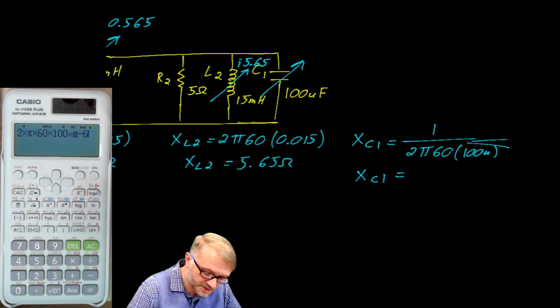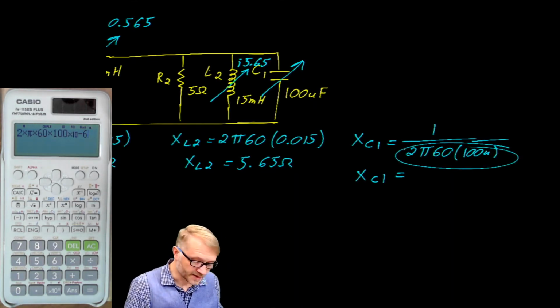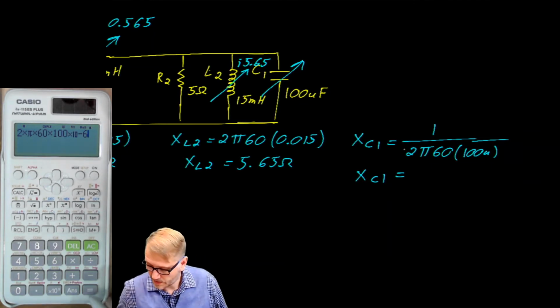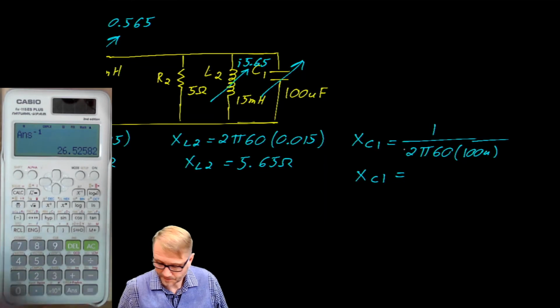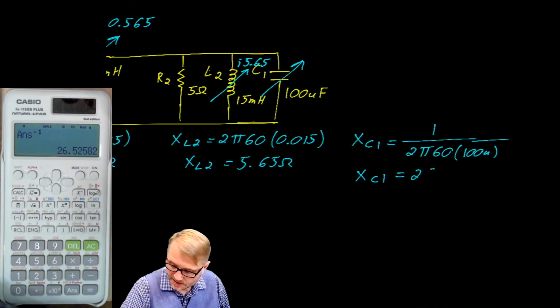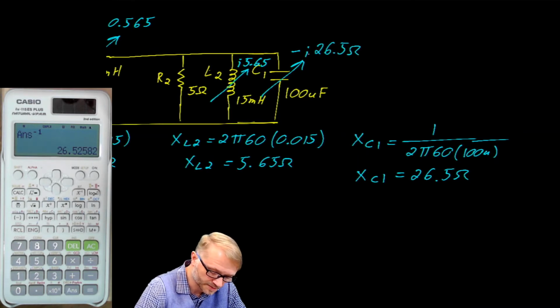Now remember, I've just done this piece right here. Now I need to invert it. So we hit the equals, and then invert, equals. So that works out to 26.5 ohms, which yields an impedance of negative j26.5 ohms.